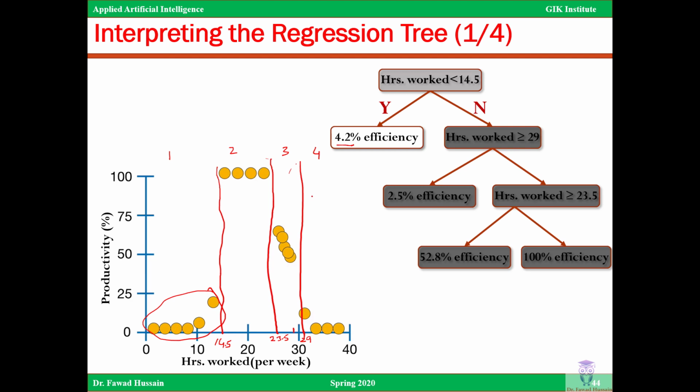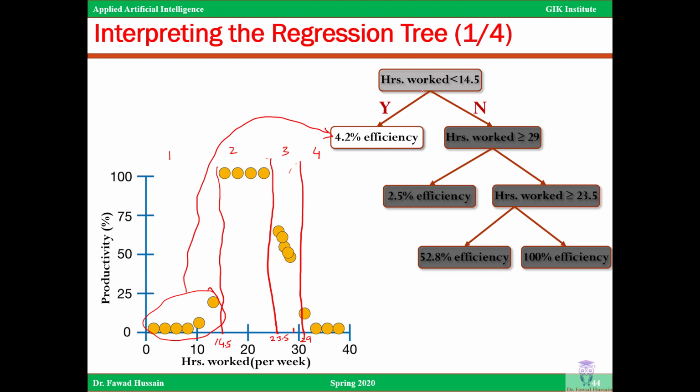When we're talking about this here, we're just discussing how to interpret this tree. When we make our own tree, we look at different things: how we got this 14.5, why not 15.5, why not 16, and why we chose this 4.2. That will come later when we discuss how to make this tree. Right now we're just saying how to interpret this tree. So this is the region that I can associate with this part.